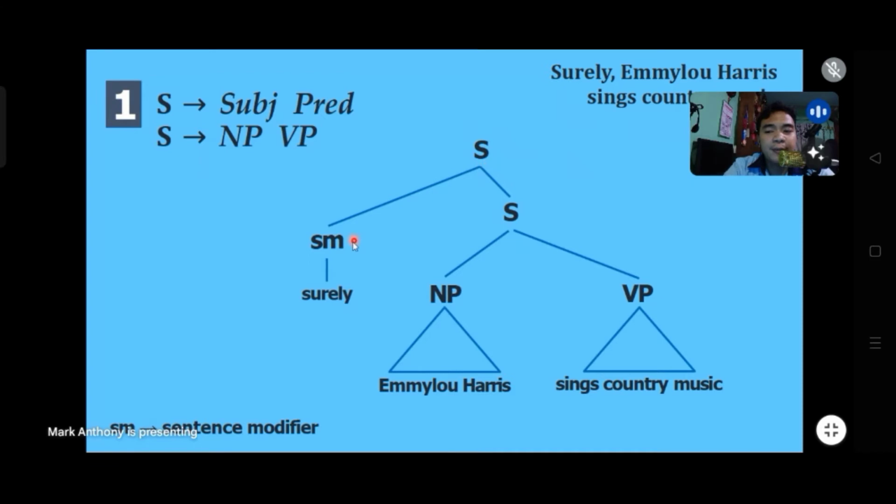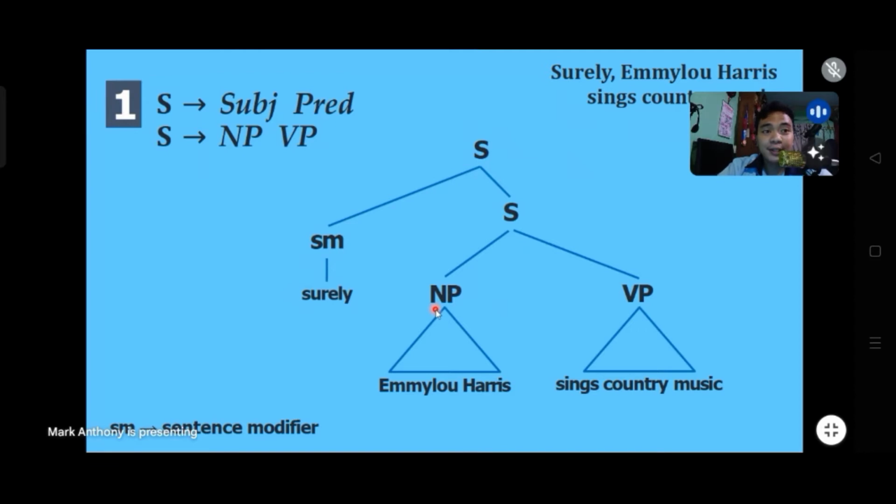First, we have the word "surely," which is categorized as SM, meaning sentence modifier, because the purpose of this word is to modify the sentence. The other sub-constituent is the sentence itself, which is divided again into two sub-constituents, the noun phrase and the verb phrase.